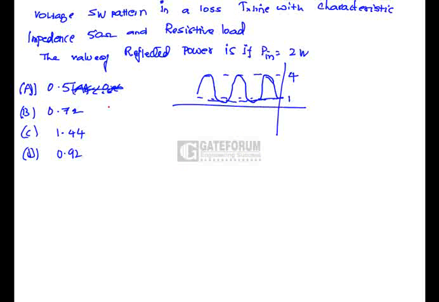The standing wave pattern in a lossless transmission line with characteristic impedance of 50 ohms and a resistive load is shown below. The value of the reflected power is, if the incident power is 2 watts. Here power reflected by power incident equals gamma square, the magnitude of the reflection coefficient. The reflection coefficient is S minus 1 by S plus 1, where S is the VSWR, that is Vmax by Vmin, which is 4.